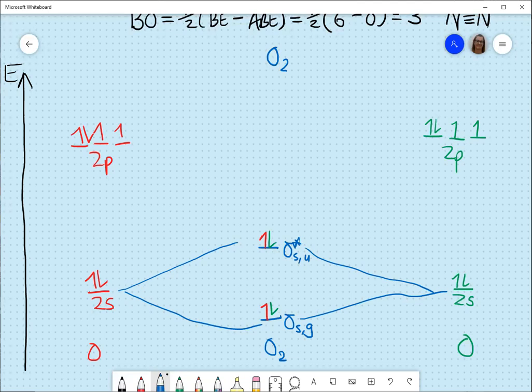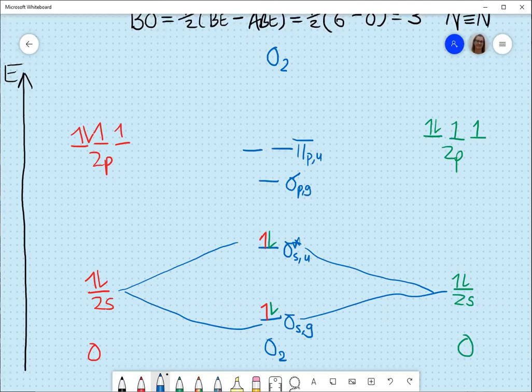Right, now let's go to the p orbitals. For oxygen, we don't have s and p mixing because the gap between the s and p orbital is much larger. So we can do it in a conventional fashion where we say we have the sigma p, and it is gerade, and then we've got 2 pi orbitals. This is pi from the p orbitals, and these are ungerade.